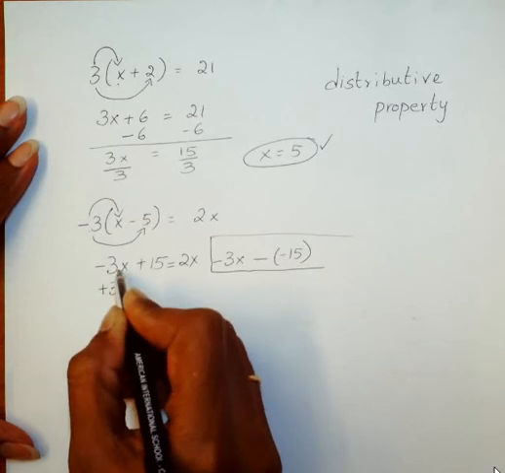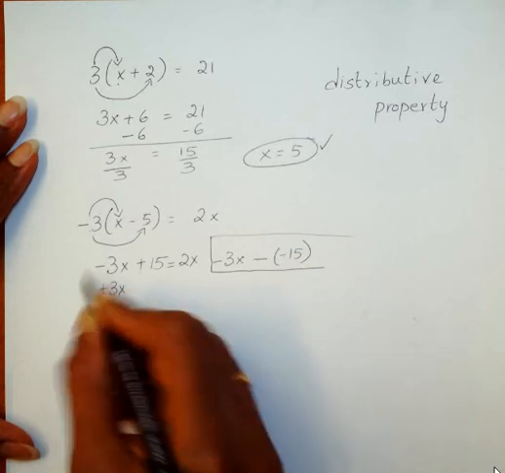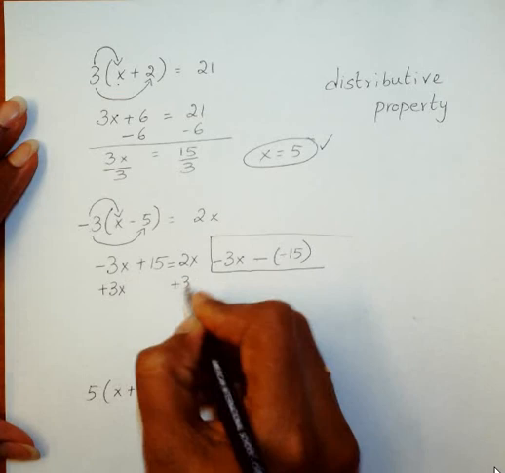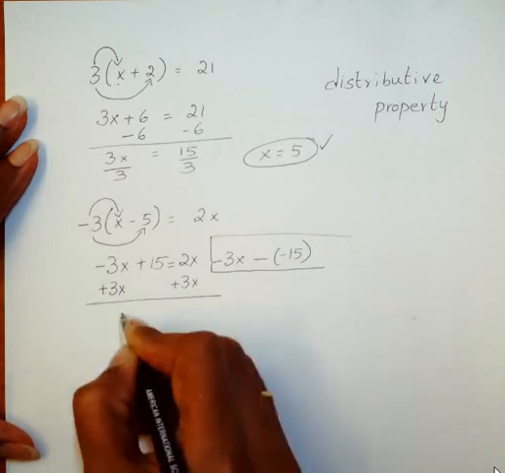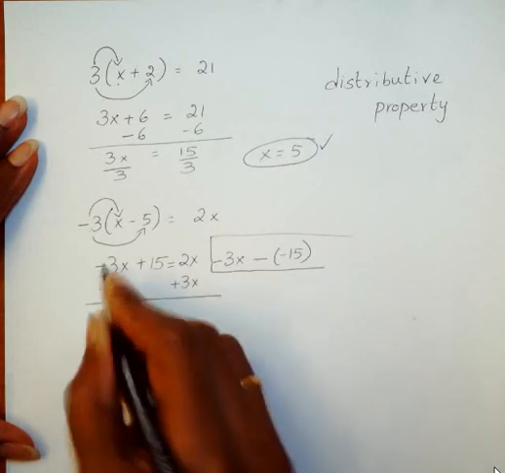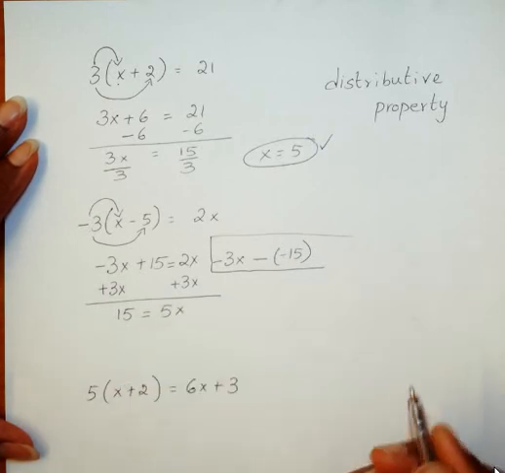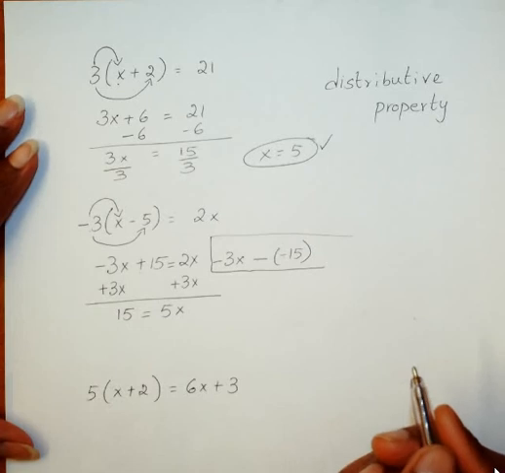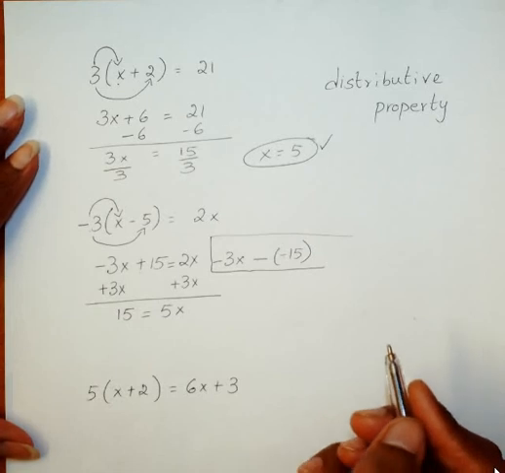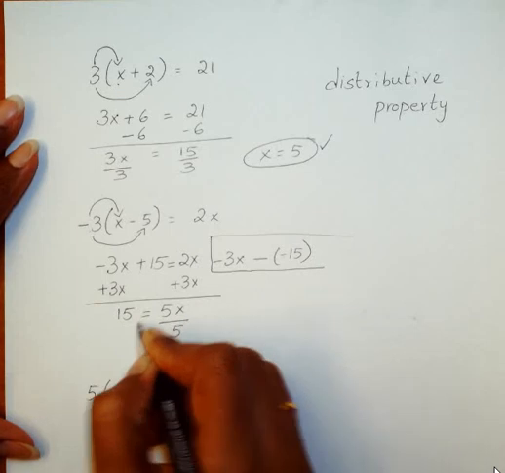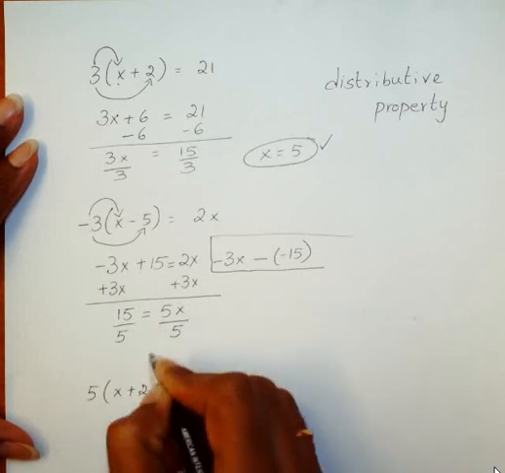To make it a zero pair, I'm doing the opposite. So I'm adding a positive 3x on both sides, and I end up with 15, because this becomes a zero pair, equal to 5x. Notice that all of a sudden everything is positive right now, and it's the same equation that you have solved. Now I'm doing the inverse operation of dividing by 5, and I get x equals 3.